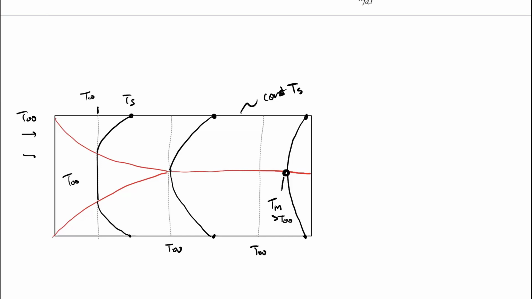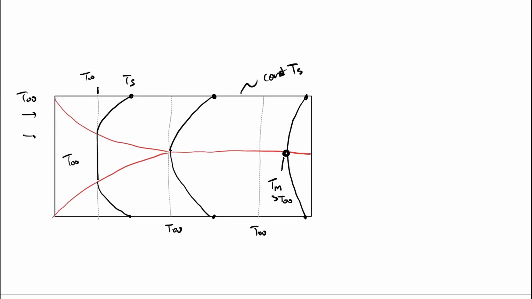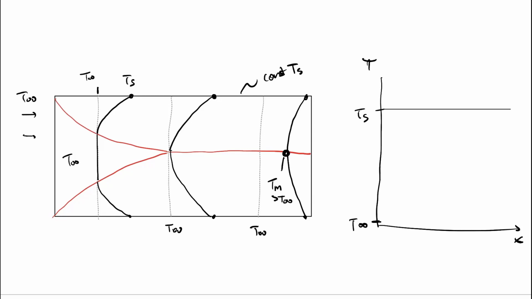So that's the constant temperature case. Could maybe plot out temperature as a function of position here. So let's call this Ts. Let's call this T infinity, and this is my position X. So if I held Ts constant here, this is Ts.